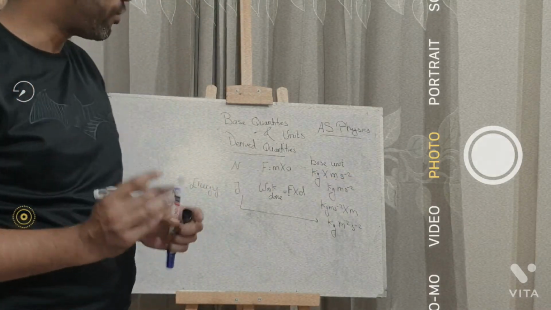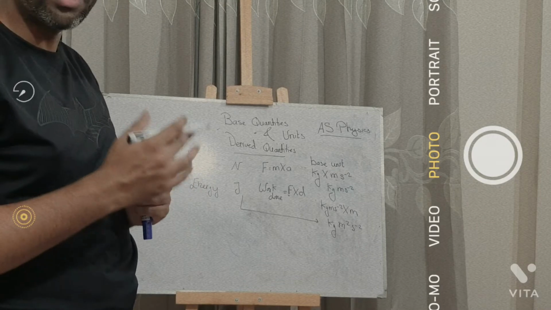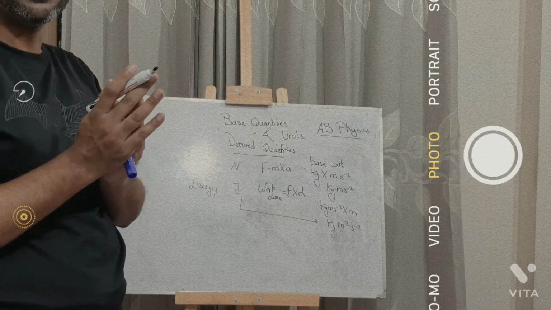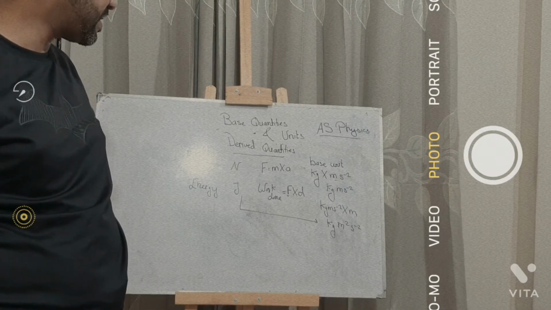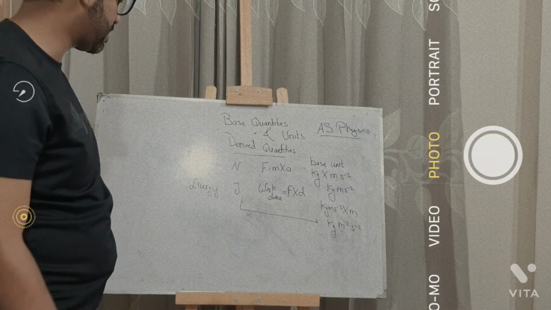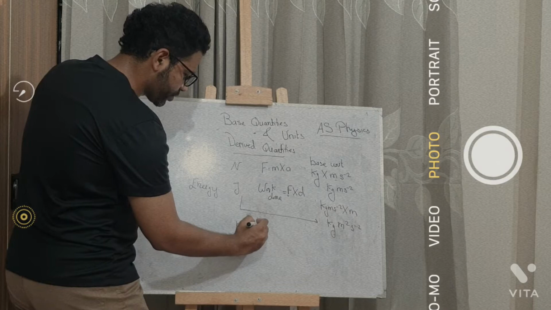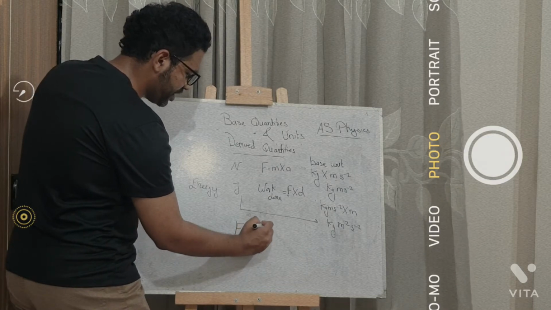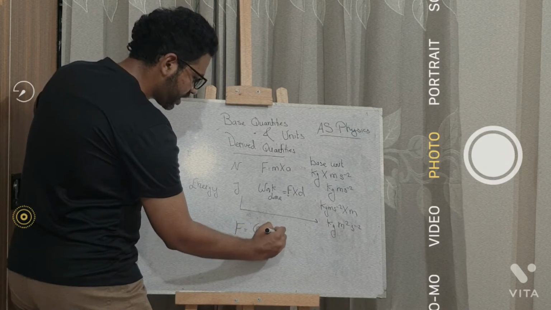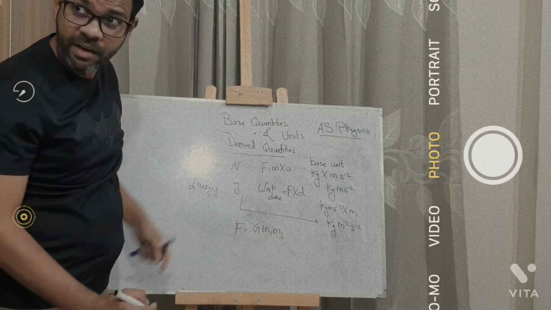Often you will have to show for very complex quantities that they have the base units. Like one of the examples that will be given to you is force equals G m1 m2 by r square.